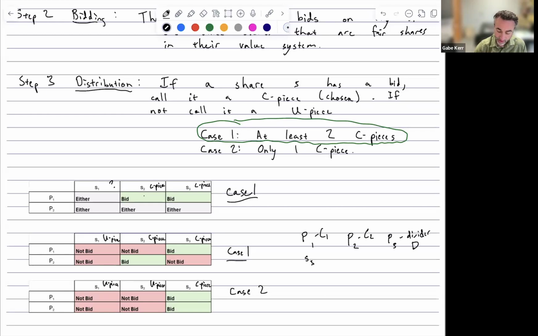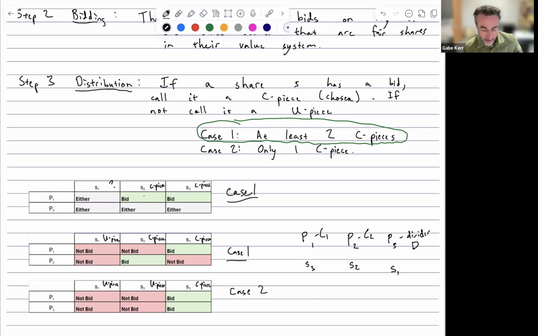We'll assign player two their bid of S2. And we'll assign the divider, player three, the remaining share, which in this case is S1. And each of them gets a fair share. So this version of case one is very determined.